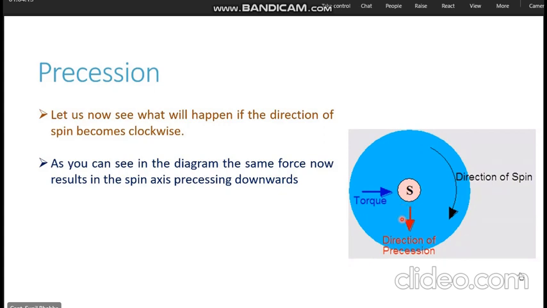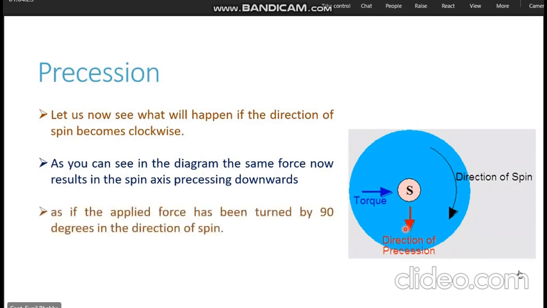And that is how the spin axis is going to move. The same force now results in the spin axis precessing downwards, as if the applied force has been turned by 90 degrees in the direction of the spin.